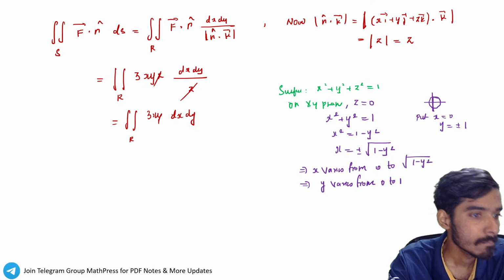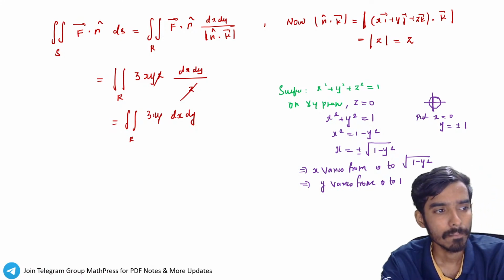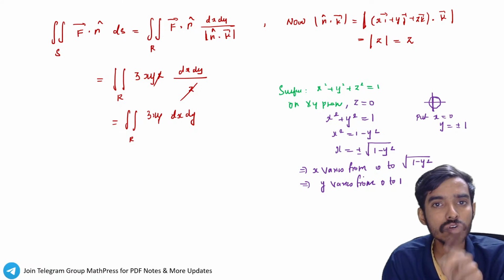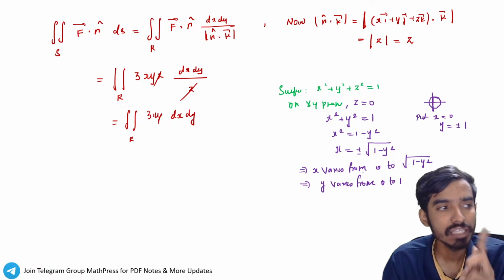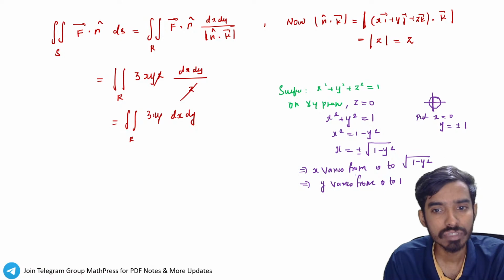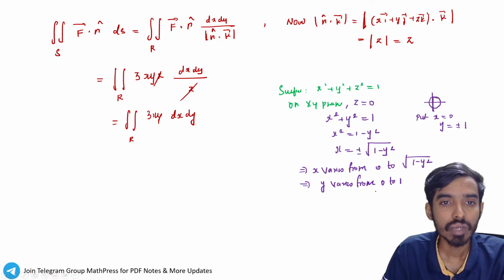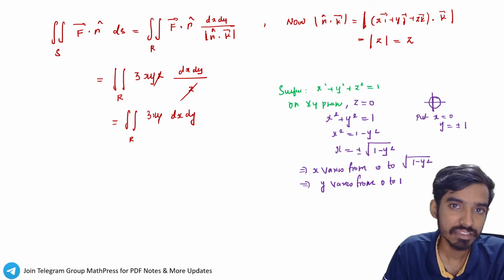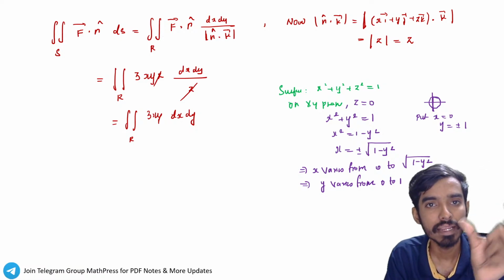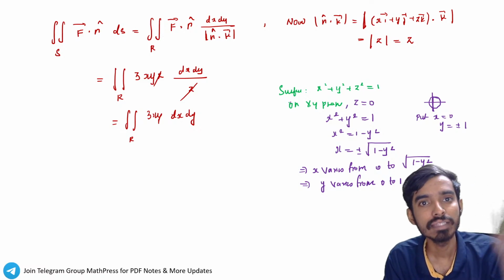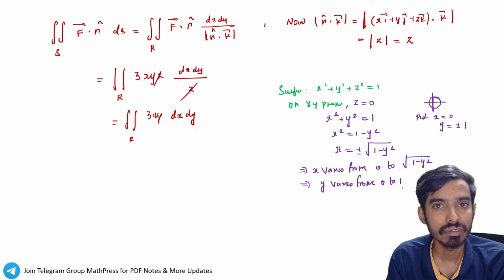So to find the limits when projecting on the xy plane, put z equal to 0, then in terms of x and y, write one limit as a variable and the other as numbers. Is it clear?